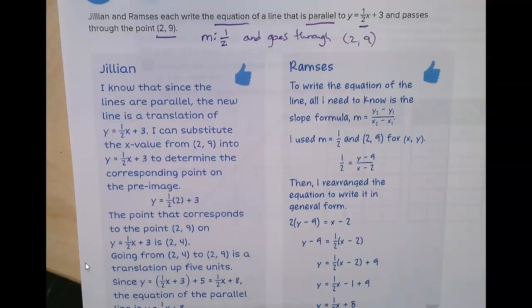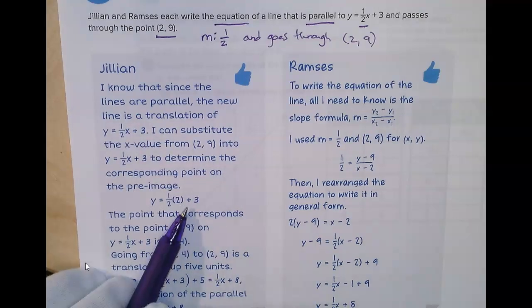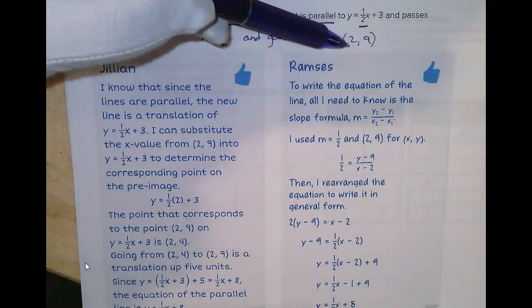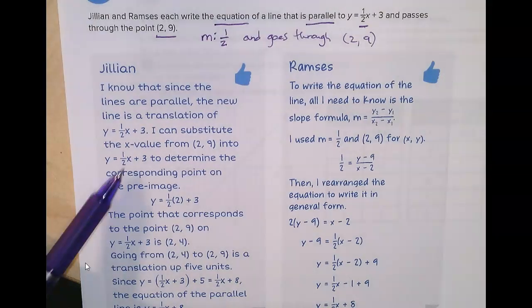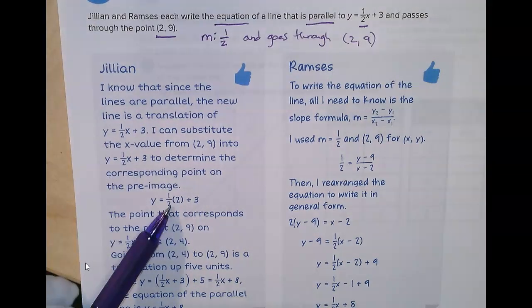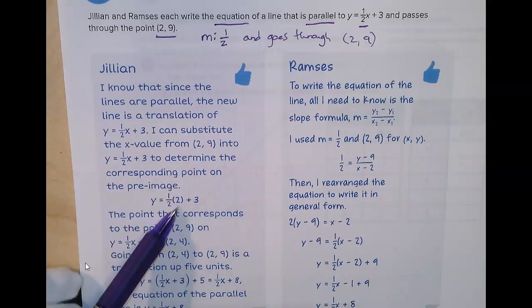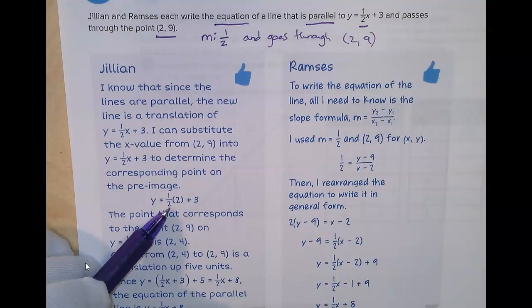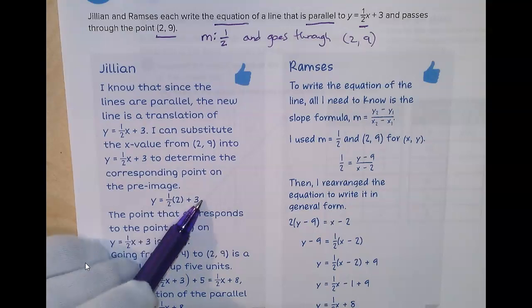So what Jillian does is she takes the x from up here and she plugs it in. That's what she's doing here. She's plugging in the 2 from right here. And then 1/2 times 2 equals 1, and 1 plus 3 is 4.